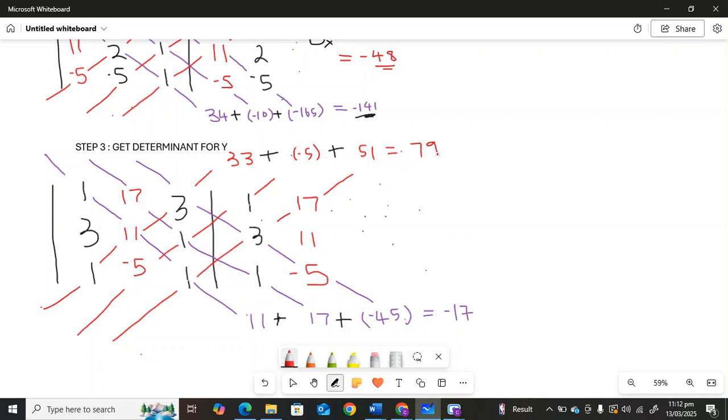Yes? Which one? This 1 times 11 times 3 is positive. This one here it's negative 5. This third one here is positive. The only negative is this one that came from the middle one.